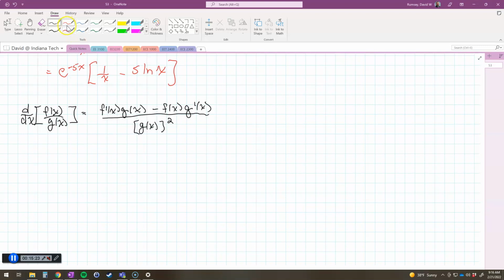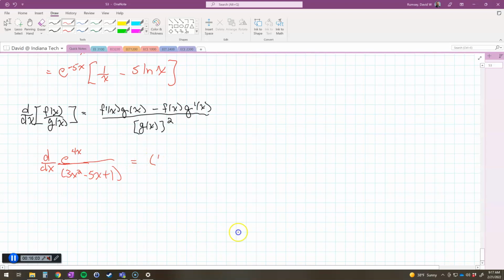So a quick example would be, let's look at the derivative with respect to x of e to the 4x over 3x squared minus 5x plus 1. Just going to plug and chug through with the formula here.